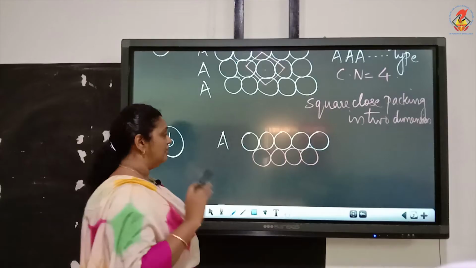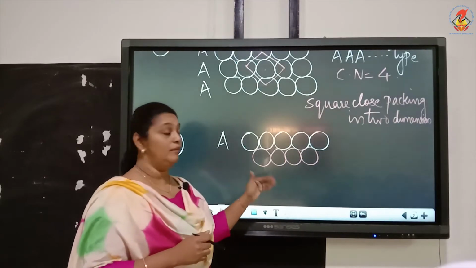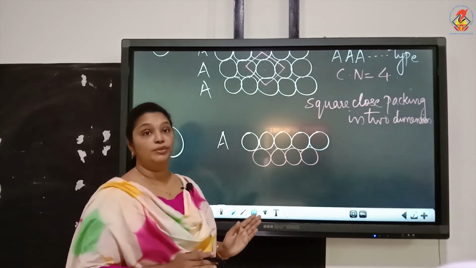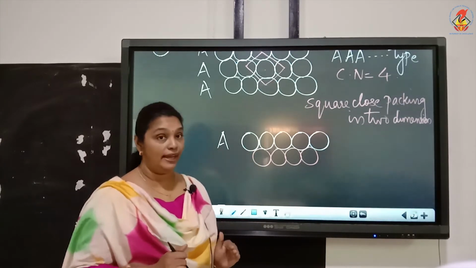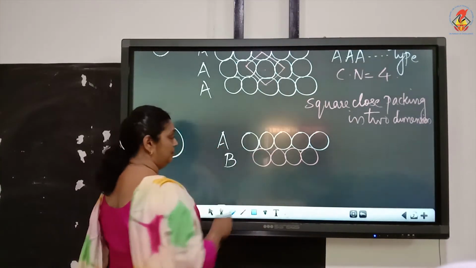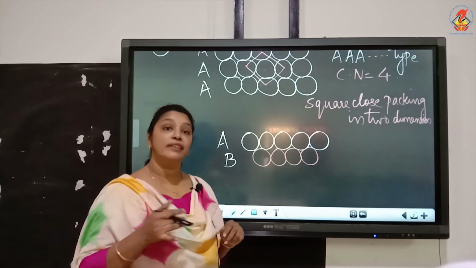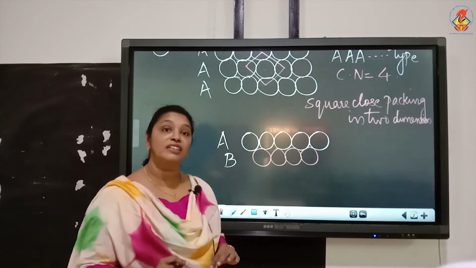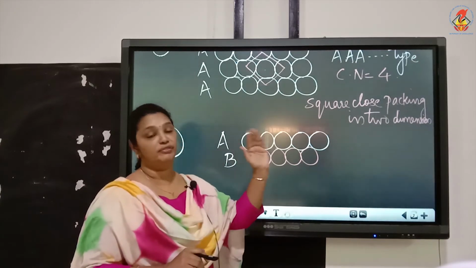So is the second row in alignment with the first row? No. So you cannot call the second row as A. We call it B. Now when you place the third row, you can see that the third row is in alignment with the first row.